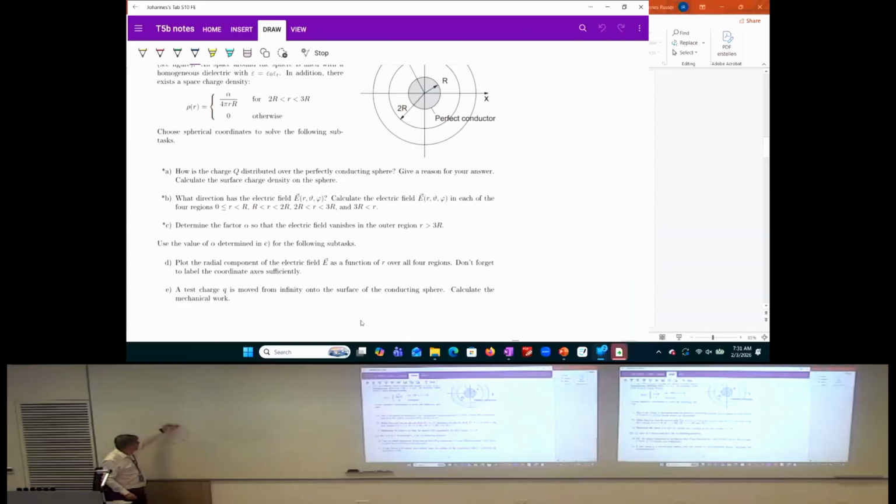Of course, this would be like a cut through it. If I have a top view, then I would still have them uniformly distributed. You have a sphere, this can be a solid sphere, and it's a perfect conductor, but the charges are all of the same kind, all plus or all negative. They will try to maximize the distance between them because they are all repelling each other.